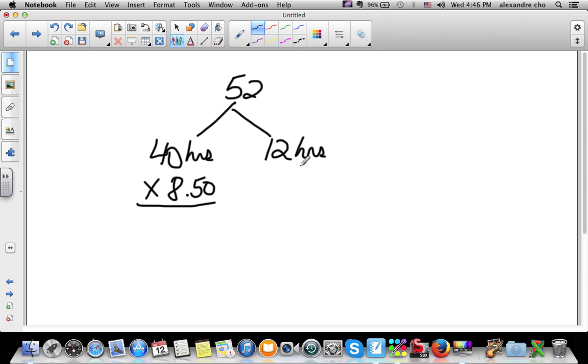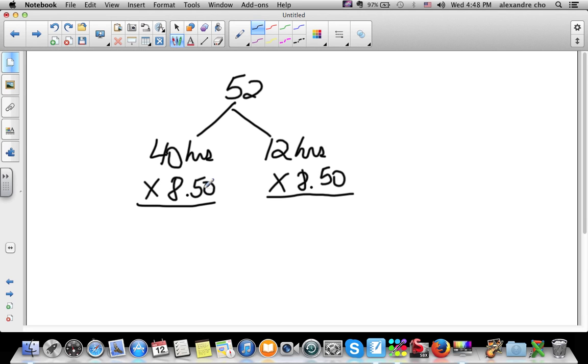For these extra hours, he got 1.5 times the hourly rate for any hours worked over 40. So 12 hours, it's times 8.50, but there's still an extra step there. Let's calculate this.